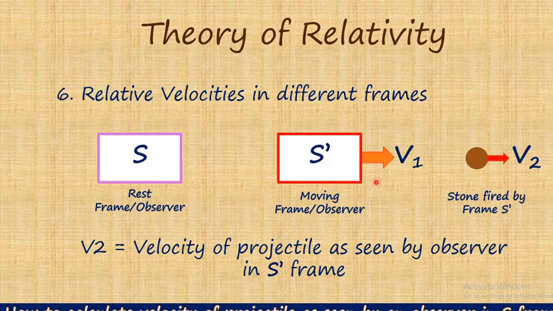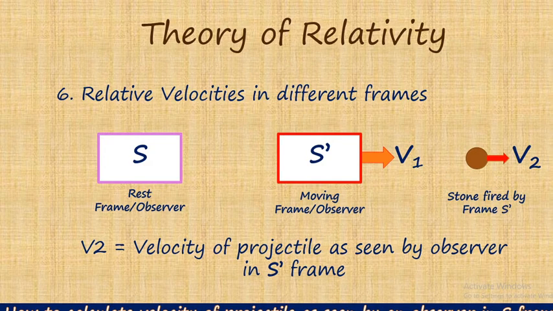If we talk about velocity, v1 is for the moving frame, and v2 is for the stone fired by the frame S dash. So v2 equal to the velocity of the projectile as seen by an observer in the S dash frame. Now the question is how to calculate the velocity of the projectile as seen by an observer in the S frame. This is how they'll ask you.